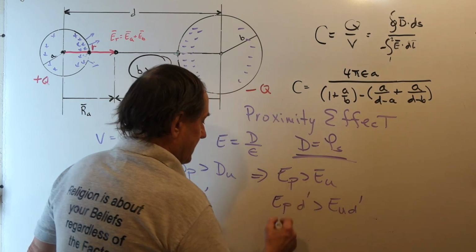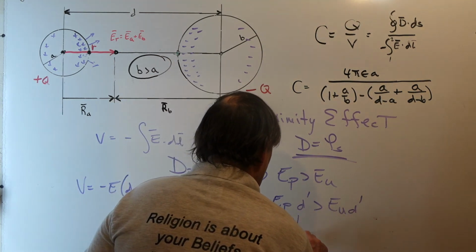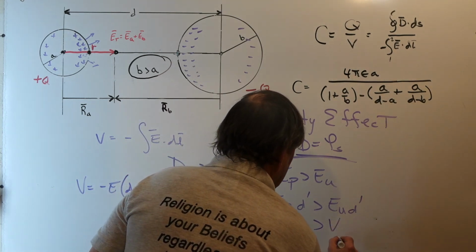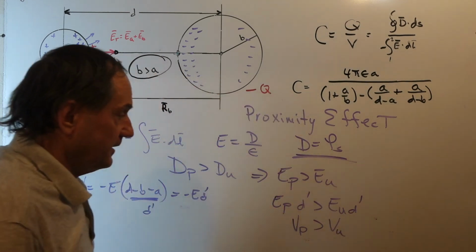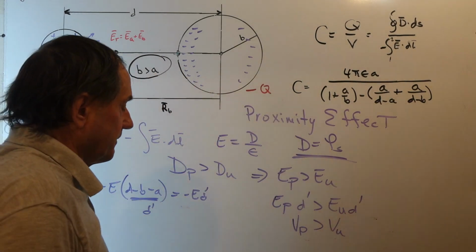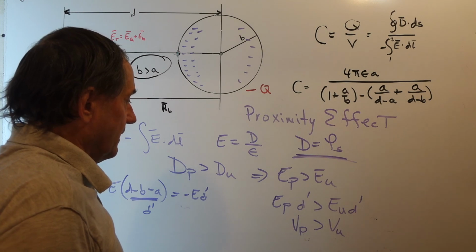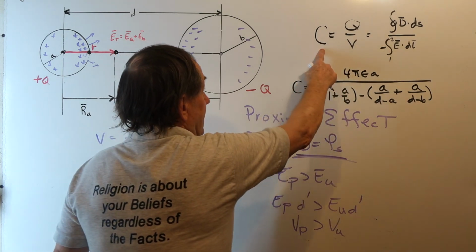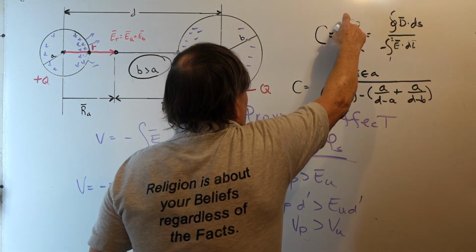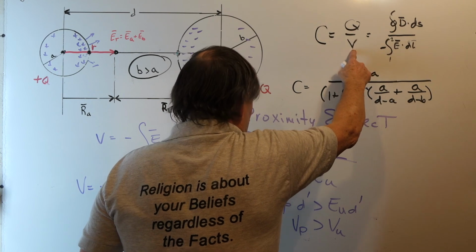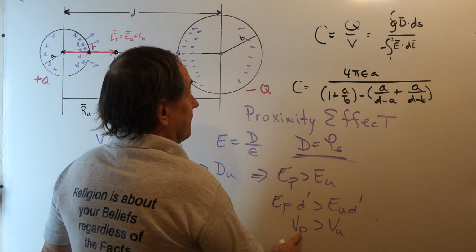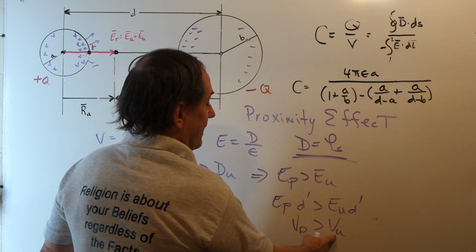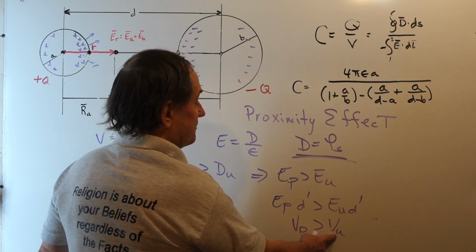So this tells us that the voltage when you have a proximity effect is greater than the voltage when you have the uniform charge. That being the case, since capacitance is a ratio of charge divided by voltage, the voltage when you have a proximity effect is greater than the voltage when you assume uniform charge distribution.